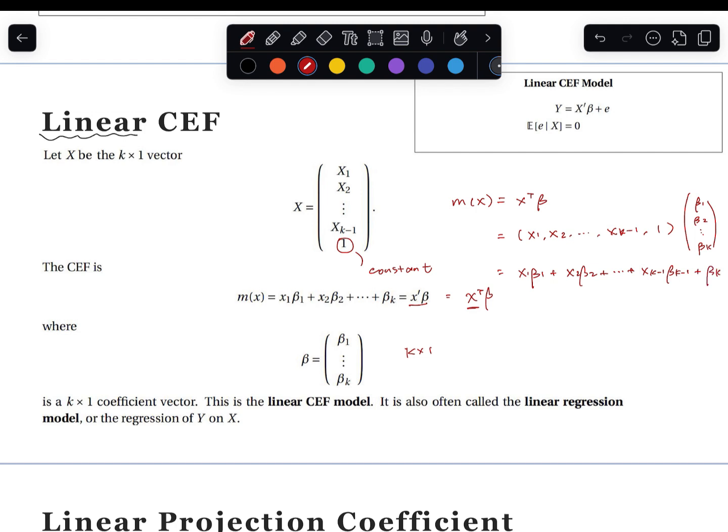Yeah, it looks like this one. And this is a linear CEF model. It's also often called the linear regression model or the regression of y on x.